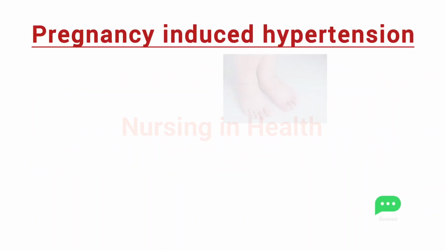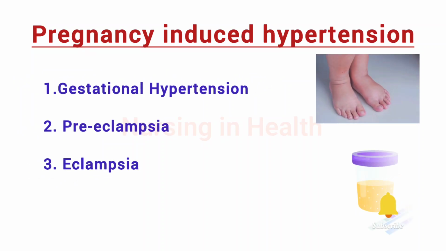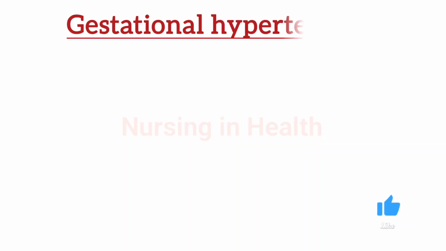PIH also includes gestational hypertension, preeclampsia and eclampsia. Among these, eclampsia is most dangerous. Now we will know about gestational hypertension.